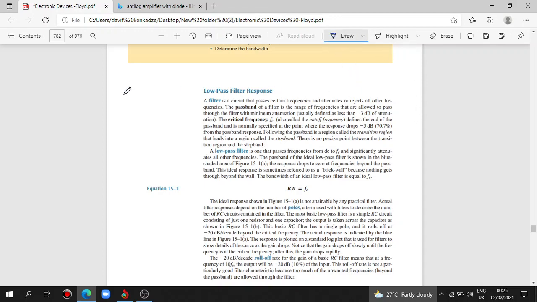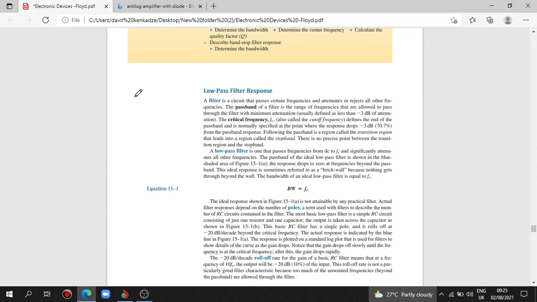Okay, the passband is the range of frequencies that our filter allows to pass. For example, if our characteristic is like this, there is a passband from here to here.